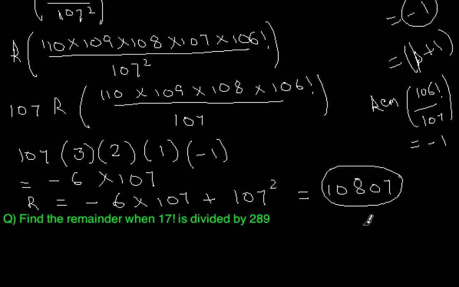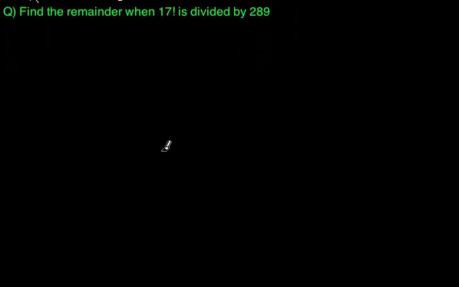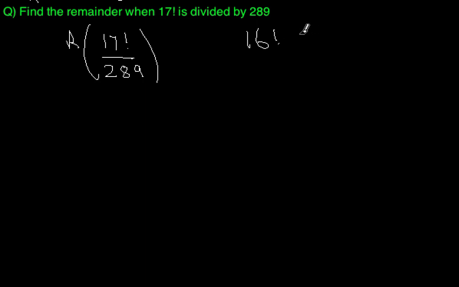Okay, so now the second problem is to find the remainder when 17 factorial is divided by 289. From Wilson's theorem we know that 16 factorial plus 1 is a multiple of 17, so it can be written as 17k.